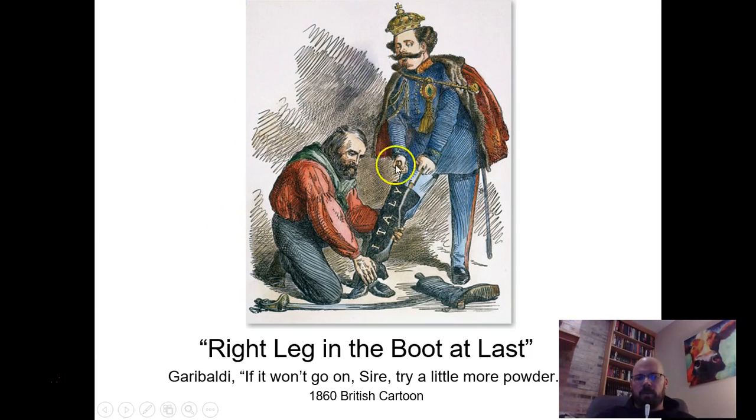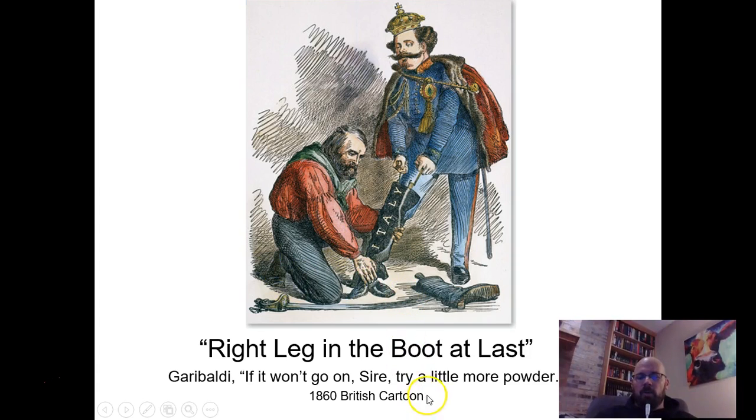Notice the symbolism here. He is in a kneeling position. He has given up his arms. He is submitting, but only in the name of helping the boot go on. It's also important to understand that this boot would not go on without Garibaldi. It would not go on without him kneeling, putting down his sword.